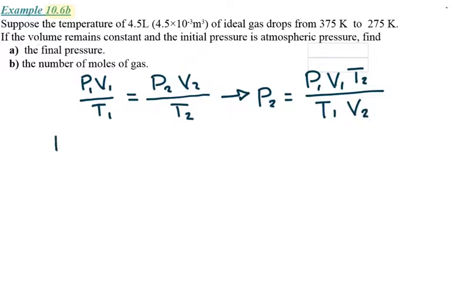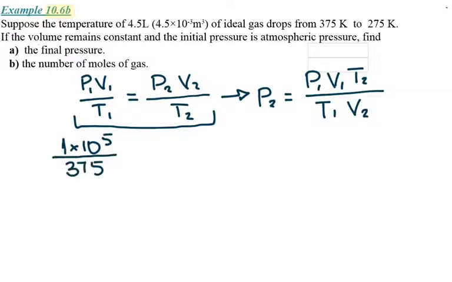If I plug in all the numbers, maybe I'll do that by steps. I will have 1 times 10 to the 5th, atmospheric pressure, times 375, and the initial volume is V1, and that is equal to P2.